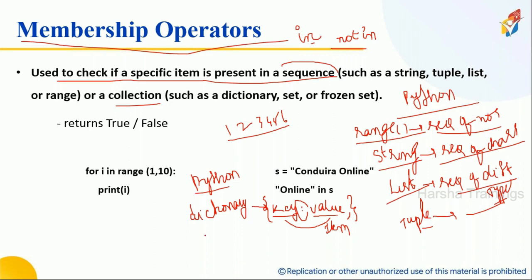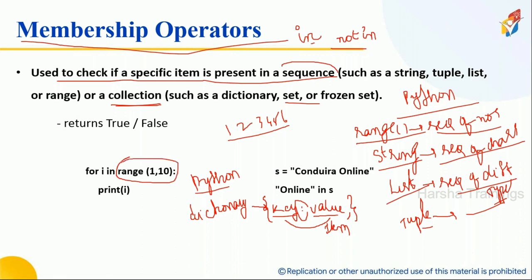Now, another one is set. Set is another data structure where we store the data as ordered values, without any duplicates. These are called collections. Now, what is the meaning of membership operation? Let me explain this concept.